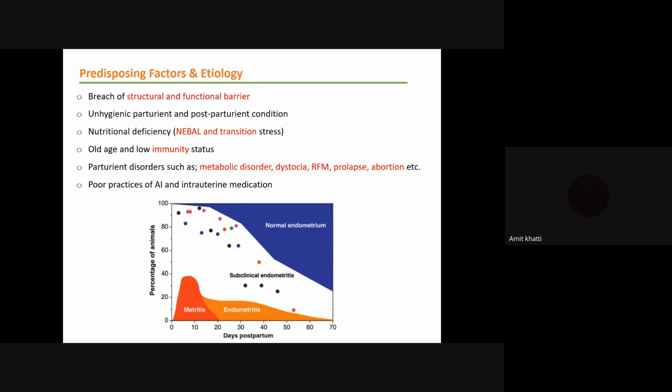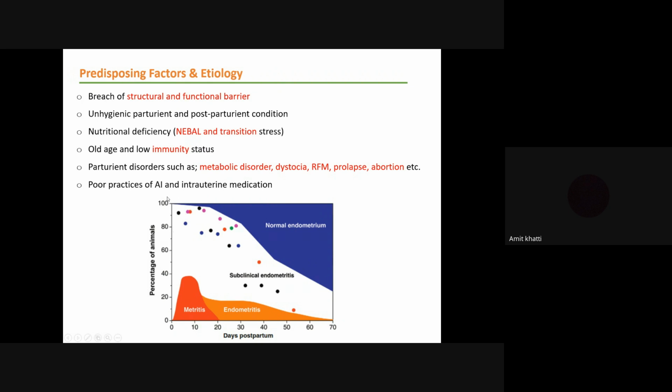Or, if during the insemination or medication the animal is defecating and this material adheres to the insemination gun or catheter, then sometimes we ignore the cleaning, and such poor practices expose the animal to development of uterine infection. So all these are the predisposing factors, and this figure depicts how the animal is susceptible to microbial contamination.